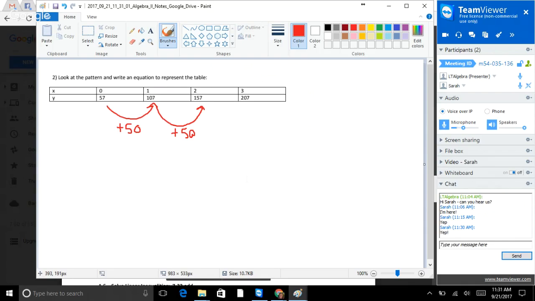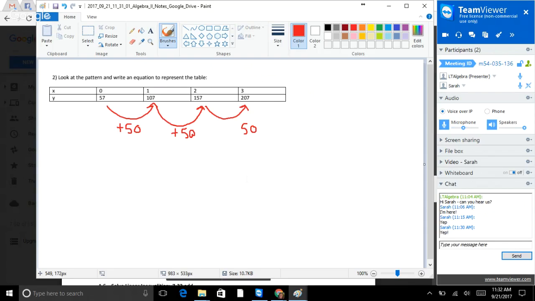And then when we go from X equals 2 to X equals 3, our value increases by 50. So if we want to write an equation to represent this pattern, we know that when X equals 0, we have a starting number of 57, right? But when x equals 1, the difference from 0 to 1 is 50. And then from 1 to 2 is 50, and 2 to 3 is 50.